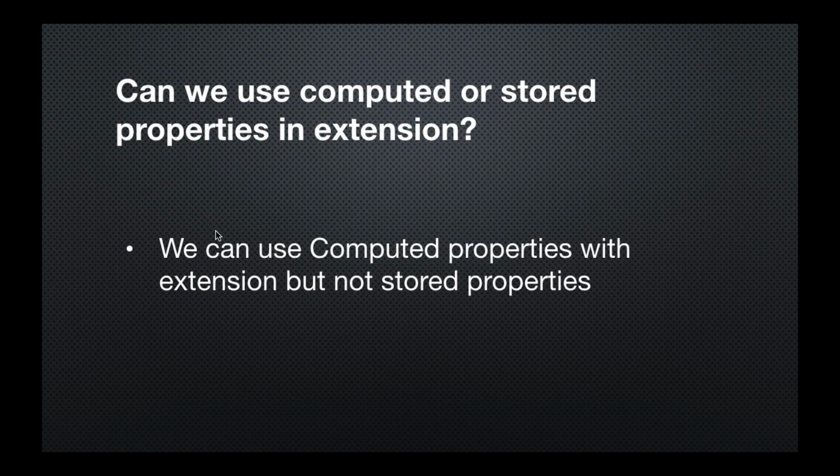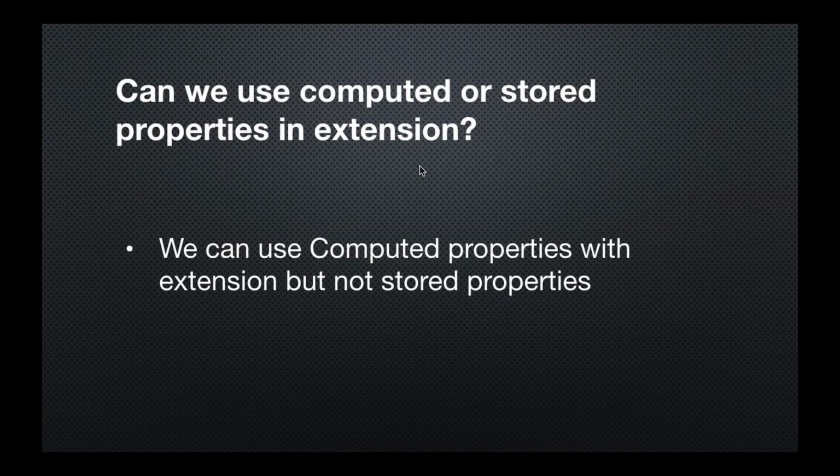They ask this question to confuse you, because many times when you try to create a variable in an extension, you will get a compiler error, because you cannot create stored properties in extension. So you think that you cannot create properties at all, but because we don't use computed properties so much, we don't check them.